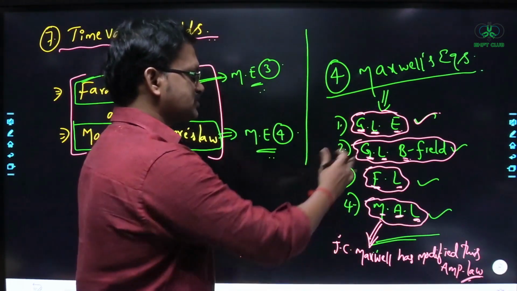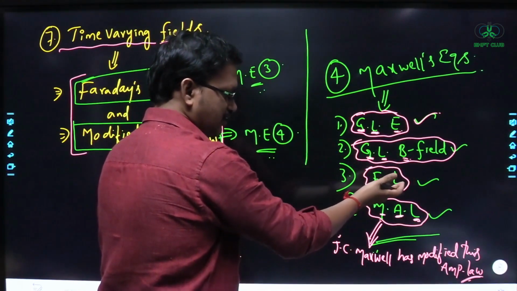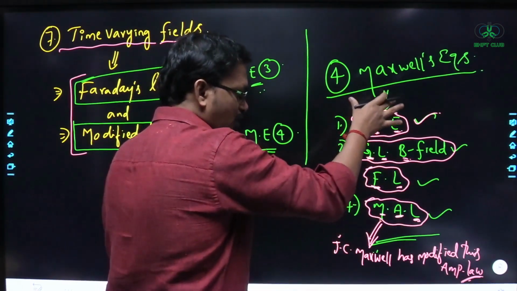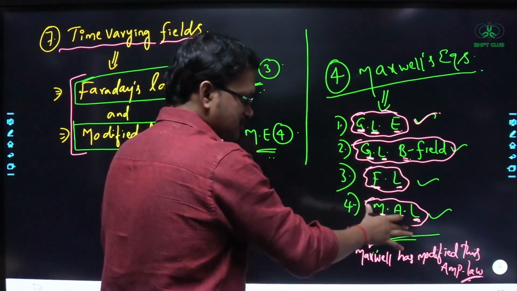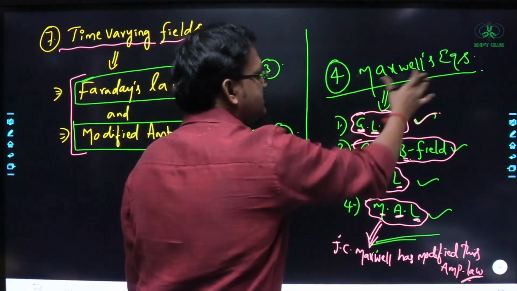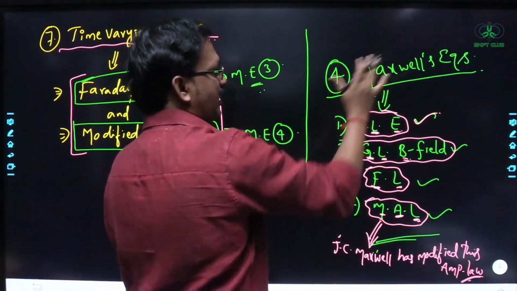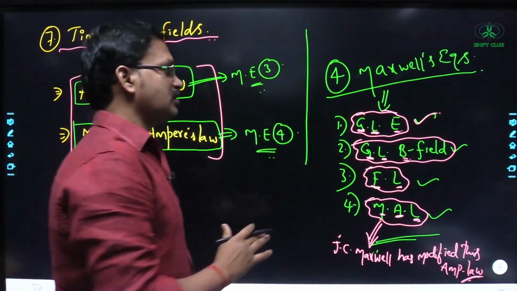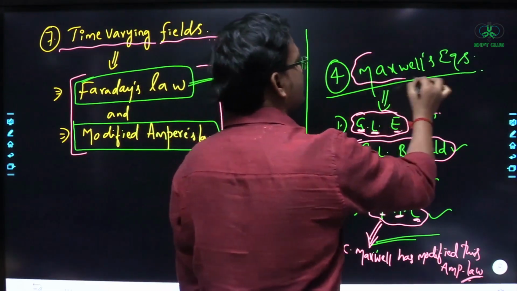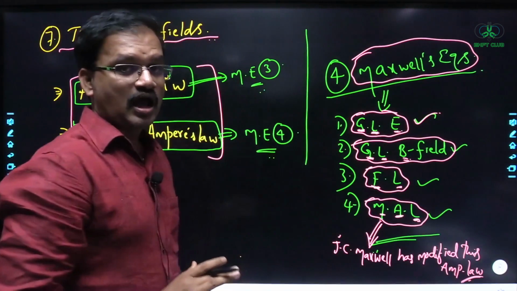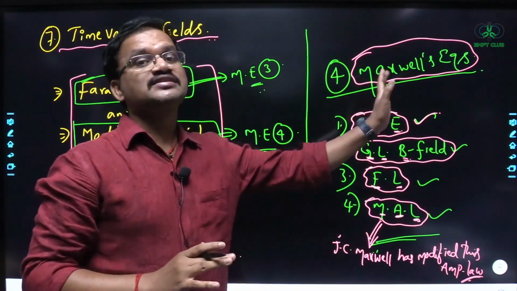Whenever you say the law, you are representing its corresponding scientist's name, but all these laws together I am calling Maxwell's equations. Here I am not saying Maxwell's laws, I am saying Maxwell's equations.